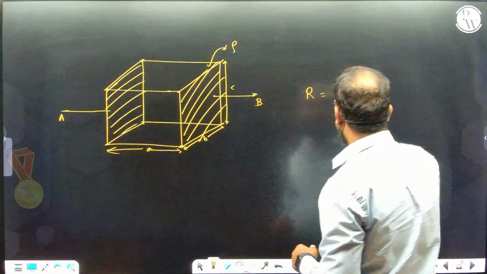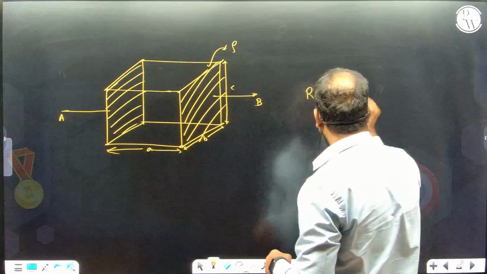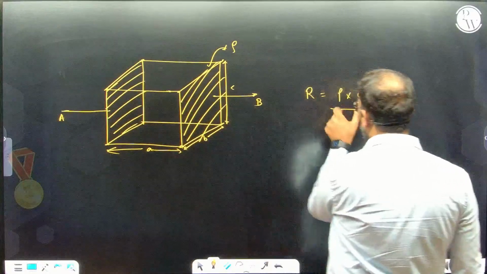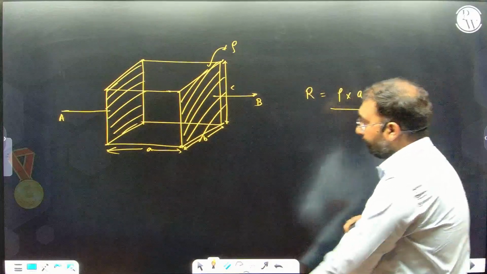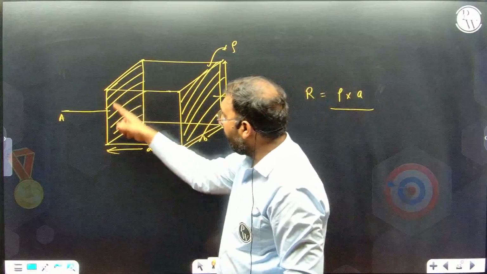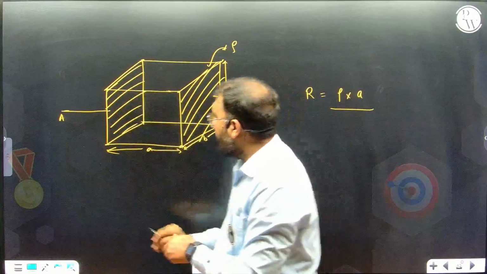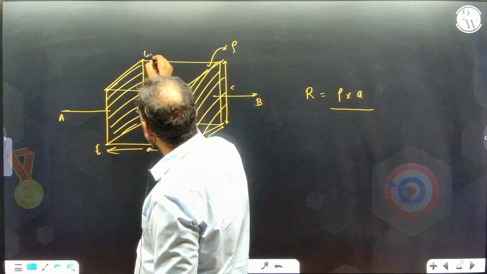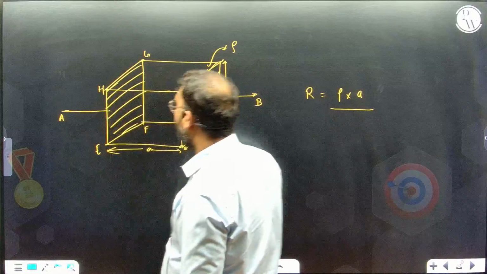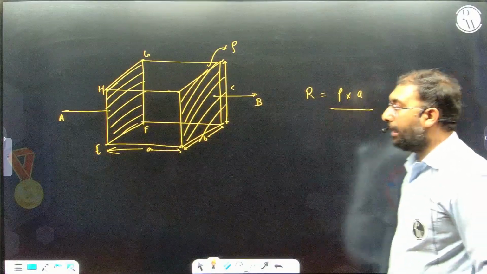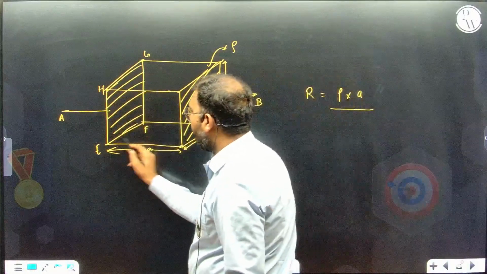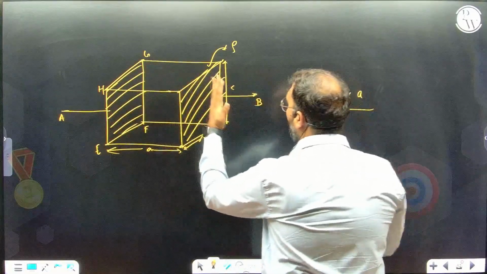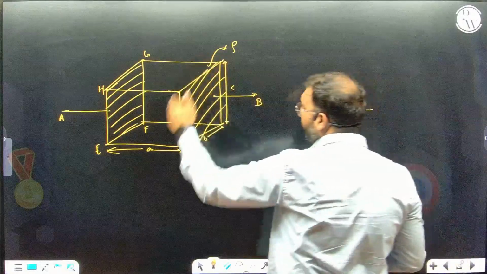So length I will be writing as A. And in the denominator, I have to write down the area of cross section. You can see the current is crossing through this cross section, so let's say this is E, F, G and H. The current enters from this cross section E, F, G, H, and I have to write down the area of this, because the current will enter from this surface and it will always go in this direction, and all these areas are equal.